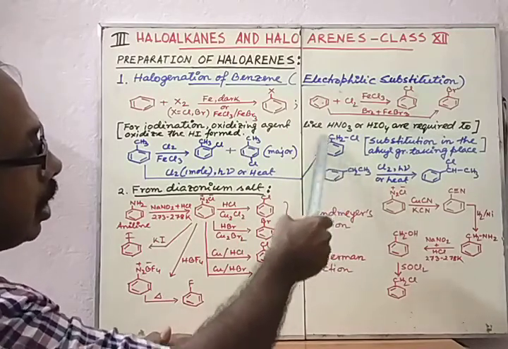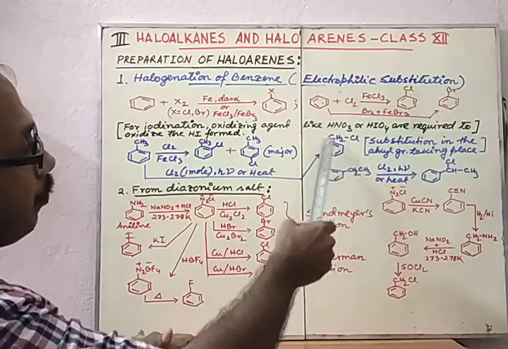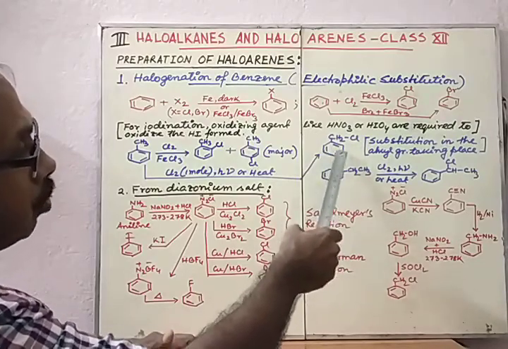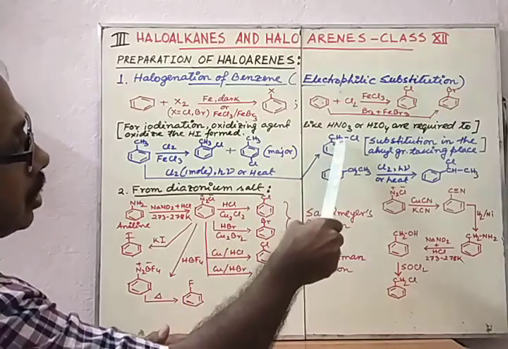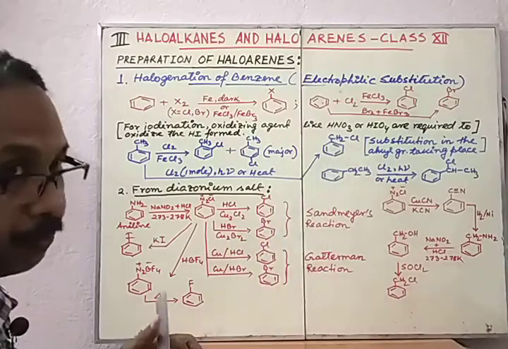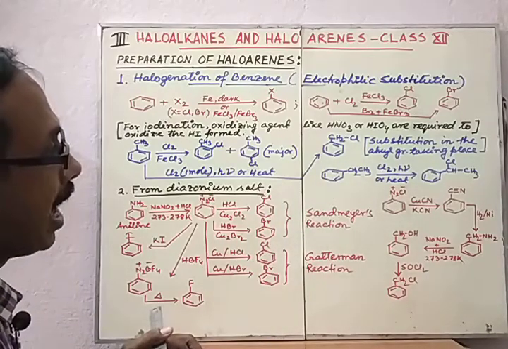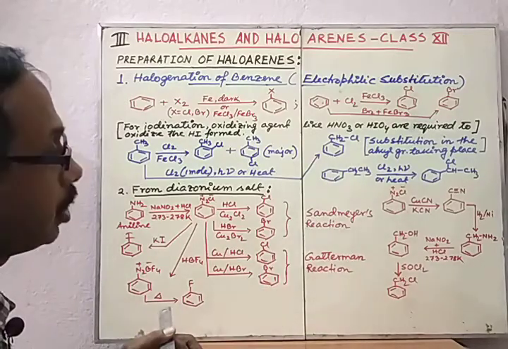So it is not a haloarene, it is an aliphatic compound substituted. You can say that 1-chloro, 1-phenyl, methane. So it is not haloarene, because halogen is not directly attached to the benzene ring.